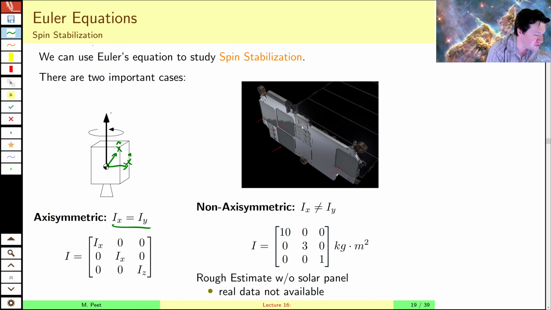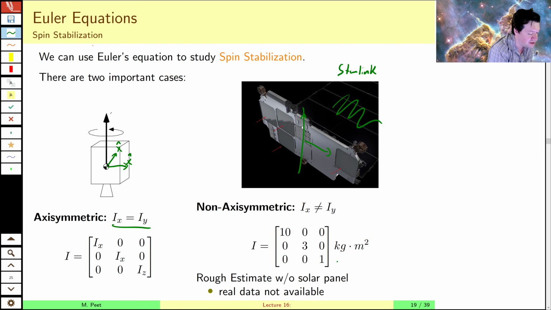Compare that, of course, to Starlink. I like bringing in Starlink because it's new and interesting. Even if we just ignored the solar panel right here, it would not be axisymmetric. Because if we made that the x-axis, versus if we made that the x-axis, the moment of inertia tensor would change; the x and y would swap.